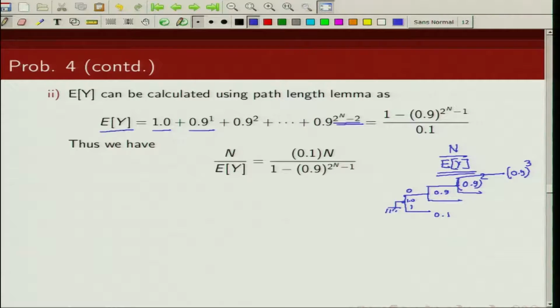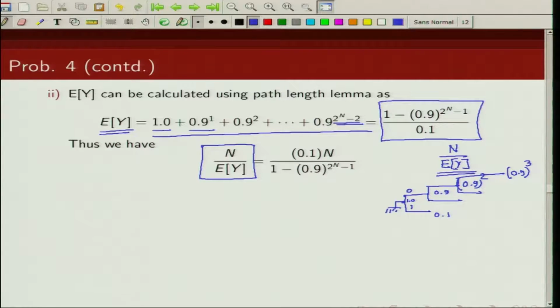So the expected code word length in case of this run length coding can be written like this, and this is equal to this. Then the ratio of n divided by expected value of y comes out to be this.